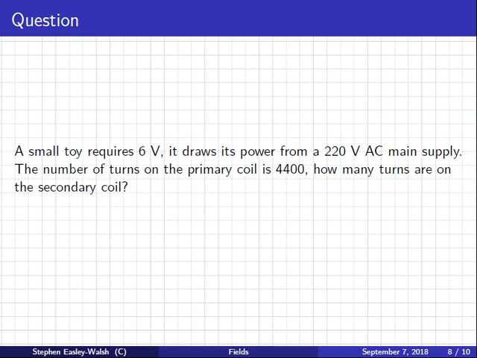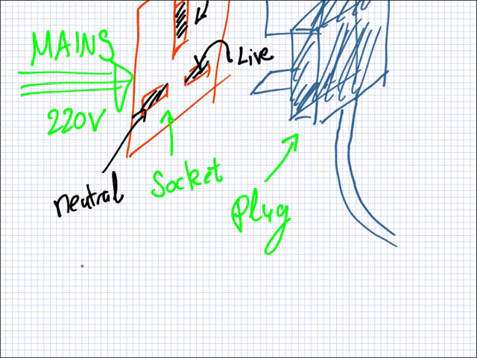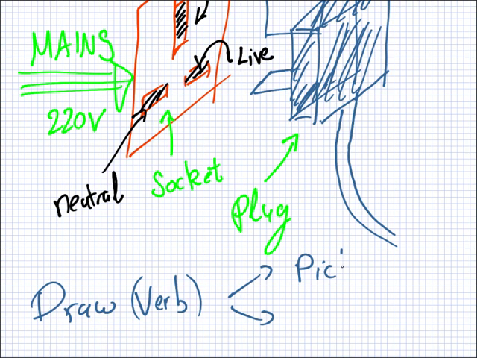It draws its power. Yeah, that means it takes its power. Okay. More English. No, this is good, Ben. Draw is a verb, and it has two meanings. It can mean to make a picture, or it can mean take.